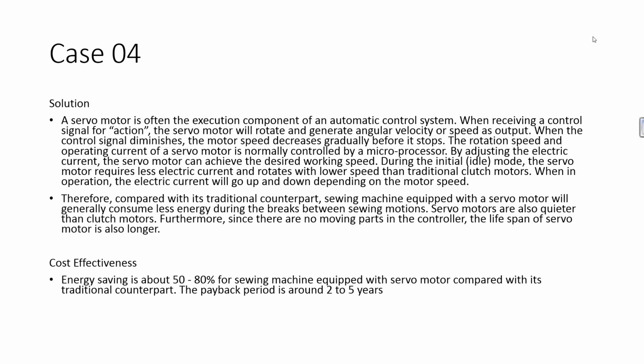Compared with the traditional counterpart, a sewing machine equipped with a servo motor will generally consume less energy during the breaks between sewing motion. Servo motors are also quieter than clutch motors. Furthermore, since there are no moving parts in the control, the lifespan of servo motor is also longer.